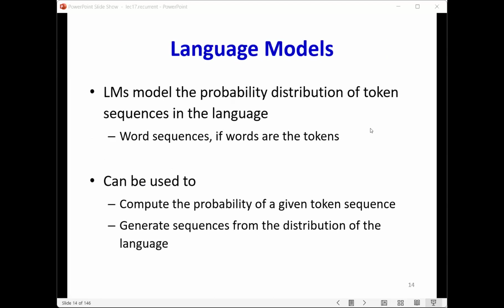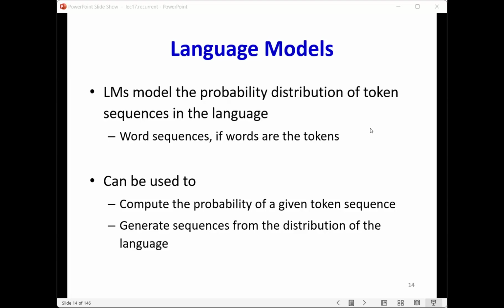What exactly is a language model? A language model models the probability distribution of symbol sequences in the language. And if the symbols, or tokens, are words, then the probability of word sequences. Now, if I just gave you a random sequence of words, you could take one look at it and tell me it's garbage, right? In general, some word sequences are much more likely than other word sequences.